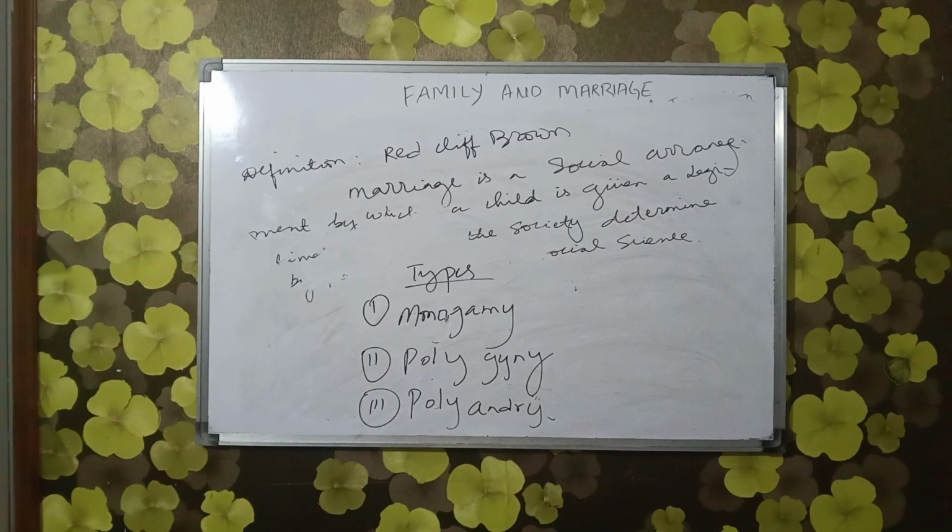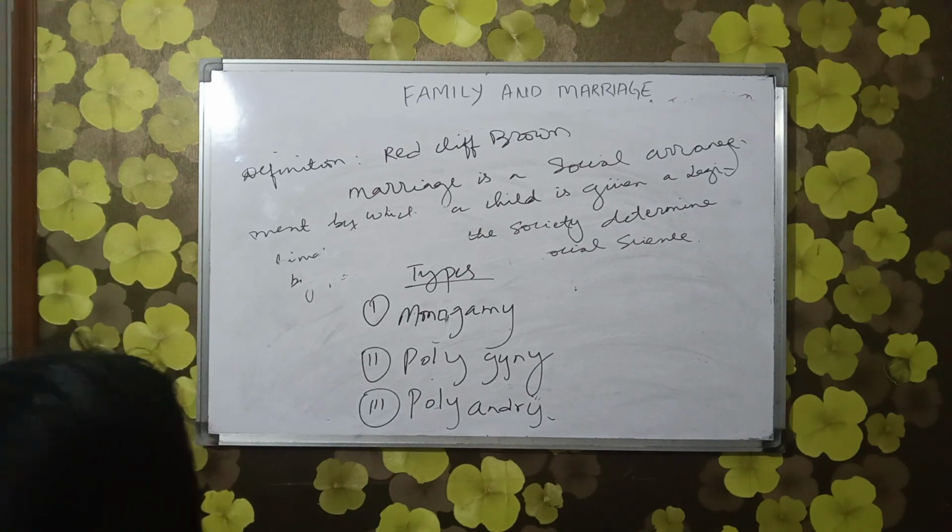Polygyny means one man marries more than one woman. That is polygyny. And polyandry, that is where the woman marries more than one man.